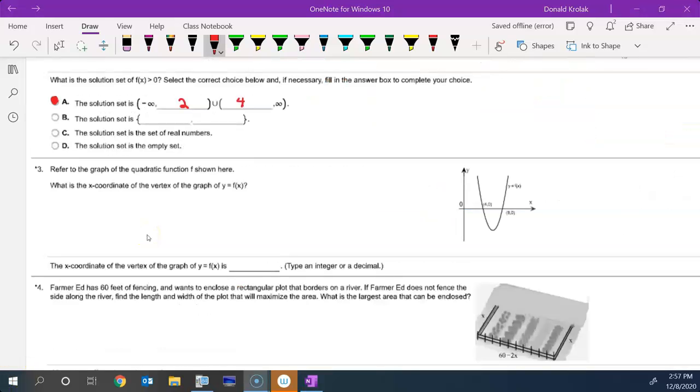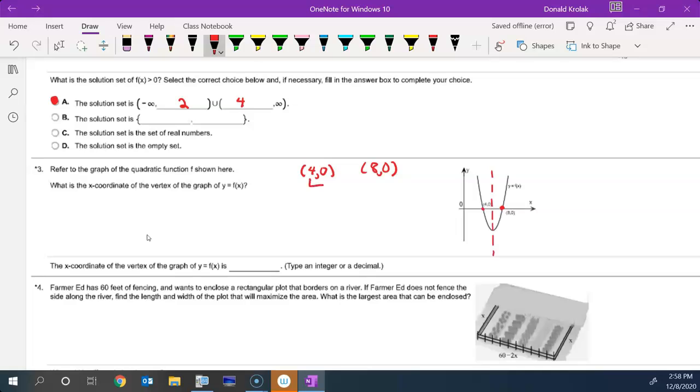All right, number 3, you're given a quadratic equation, and we have 2 points on it, which happen to be the x-intercepts. One of them is (4, 0), and the other one is (8, 0). All right, and the question is, what's the x-coordinate of the vertex? Well, the vertex is midway between these 2 points.